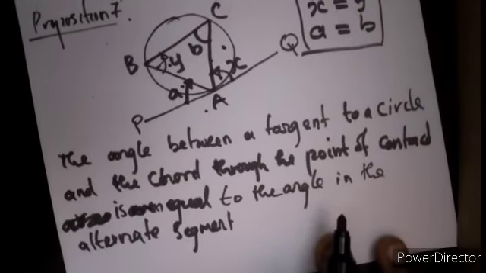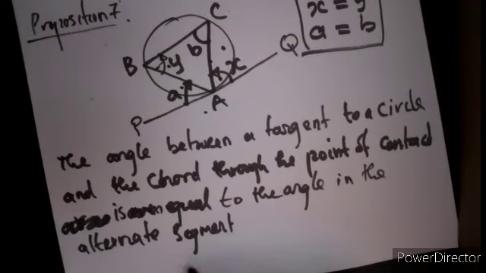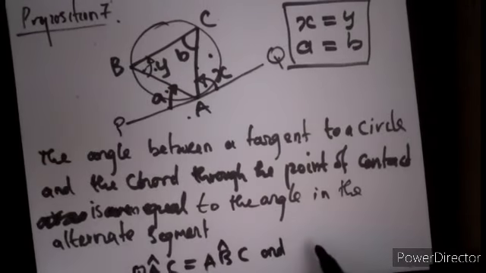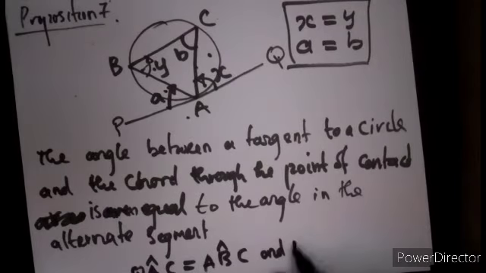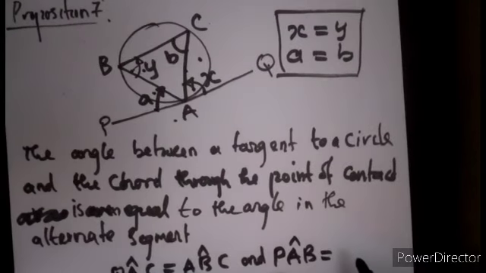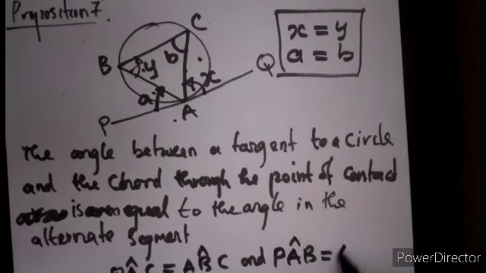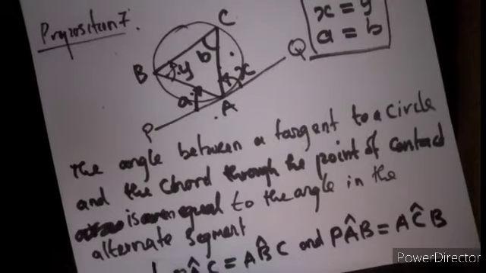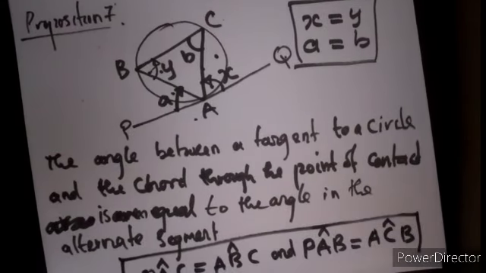So in a more general way, angle QAC is equal to angle ABC, and angle PAB is equal to angle ACB.